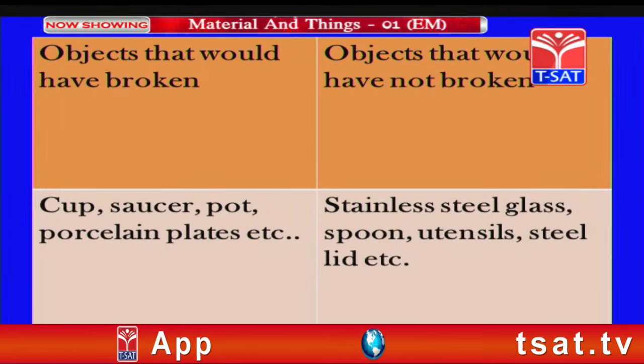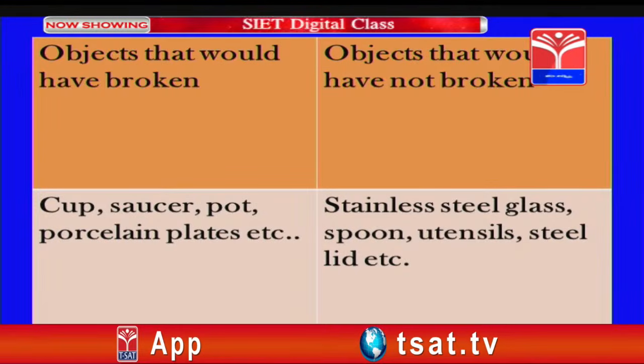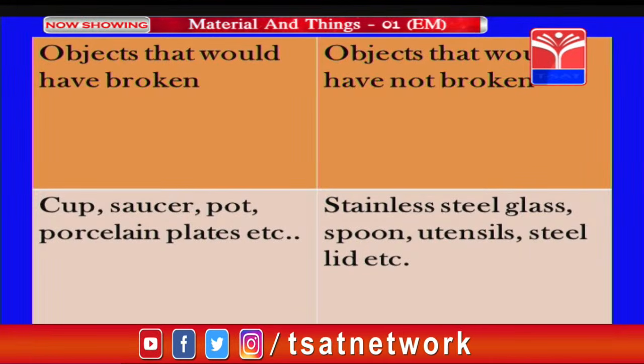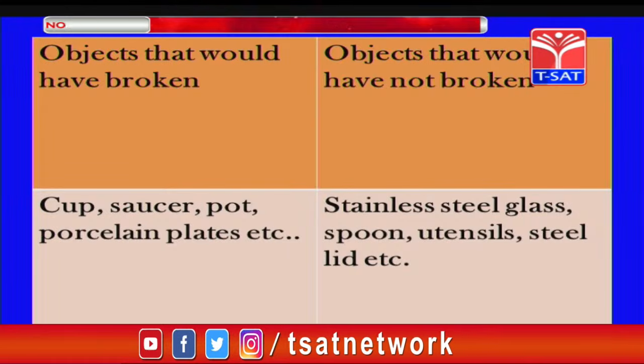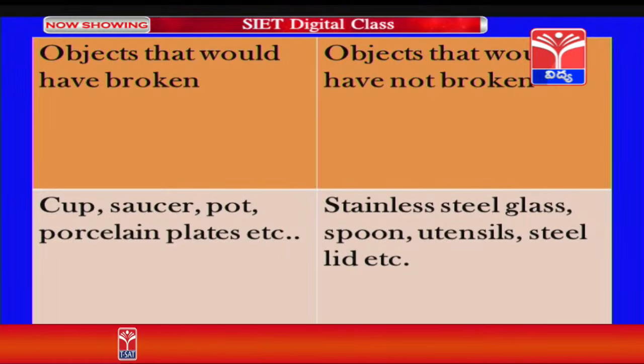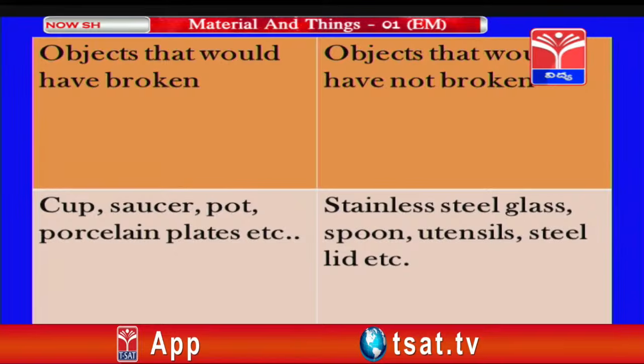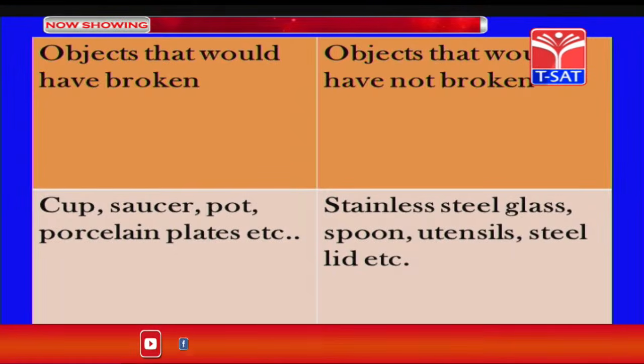You saw cups, saucers, pots, all the porcelain material and the plates etc. were broken. Whereas which items did not break, children? Yes, stainless steel glasses, spoons and utensils, steel lids, aluminum plates and the cookers etc. did not break, right?